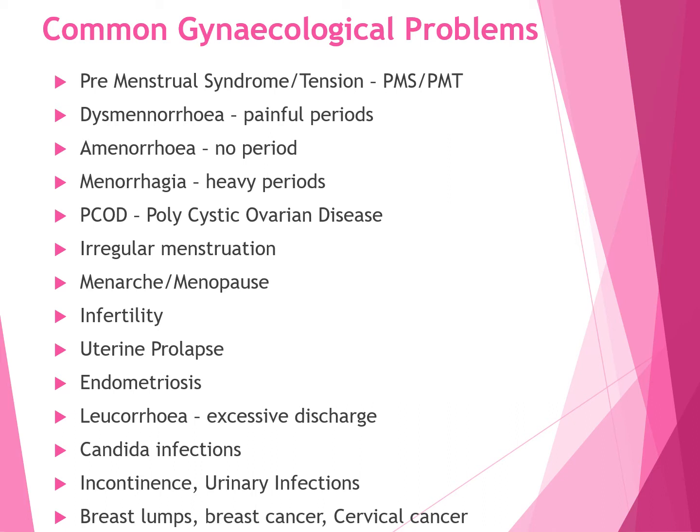Urinary infection, UTI, urinary tract infection. Then breast lumps or breast cancer and cervical cancer. We will see all this in detail in our next slide.